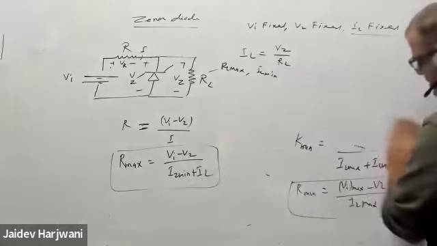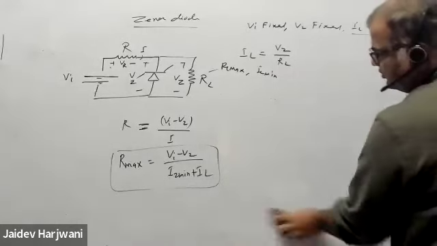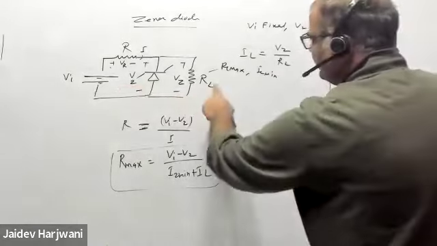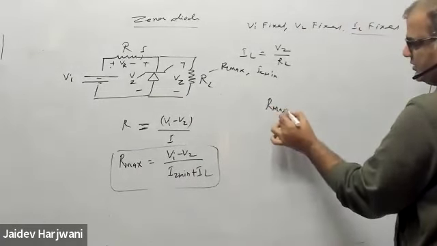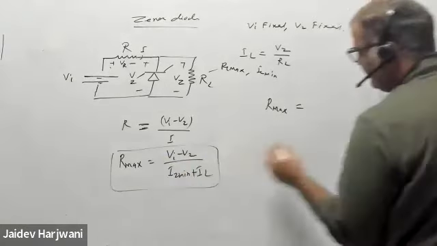And this formula can also be written for variation here and here. So remember one more formula, R max. If it is a max, it is a minimum.